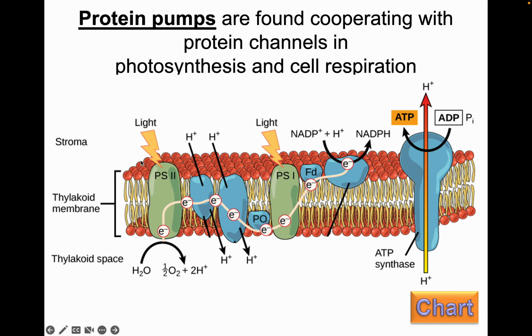So if there are lots of hydrogen ions here, thus, it will create a concentration gradient of hydrogen ions. So, it will make the ATP synthase spin and generate ATP.